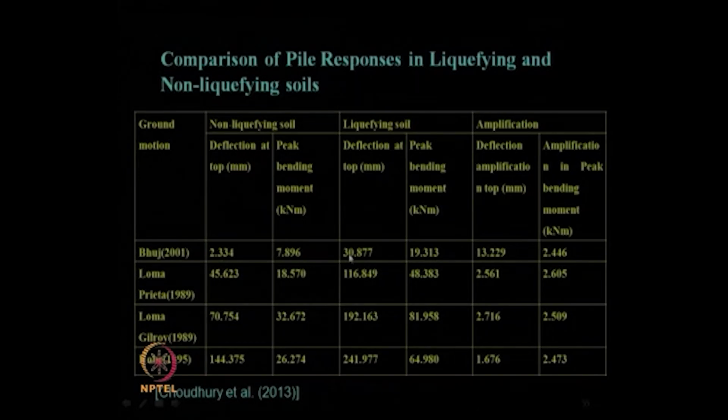If we take the ratio of deflection of the pile in liquefiable soil to non-liquefiable soil, we can call it deflection amplification due to liquefaction of the soil, and similarly peak bending moment amplification due to liquefaction of the ground. You can see there is a huge amount of amplification.